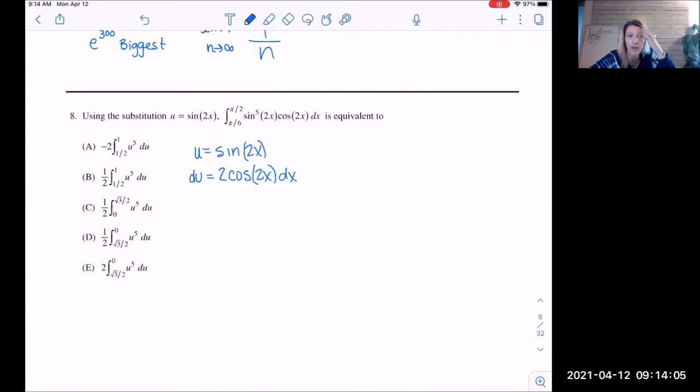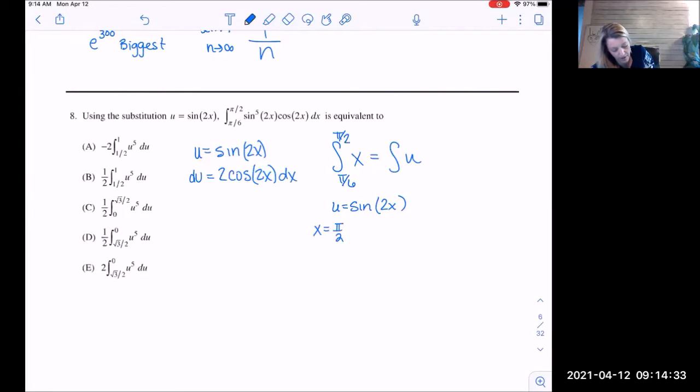And this is where we have to change our bounds. If we're switching to u, we need to change our bounds. So the integral from pi over 6 to pi over 2 in the x world is going to be what in the u world? Well, we know that u equals sine of 2x. So if x is pi over 2, then u equals sine of 2 times pi over 2, or pi.